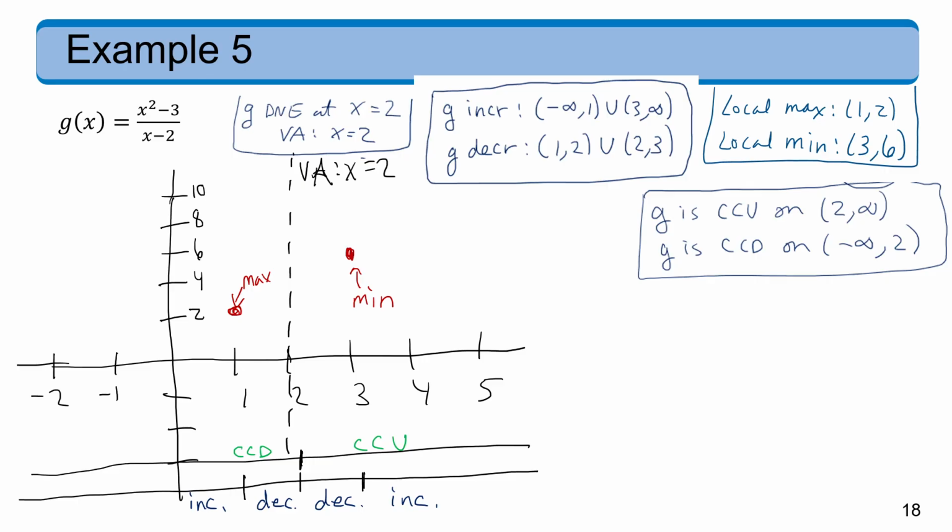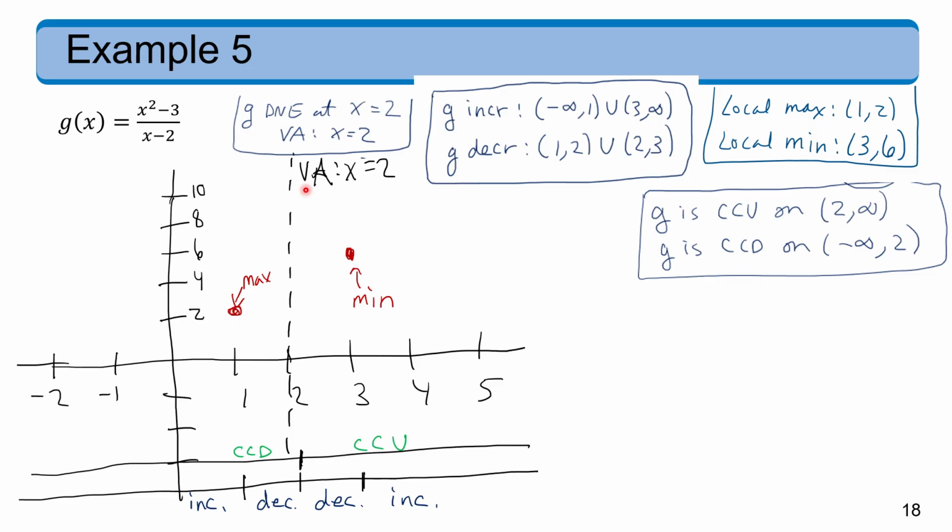Okay. Now let's start thinking about the shape of our curve. So as we come in from the left, it's increasing and concave down. And we want to hit this point as we come in from the left. When we hit that max, notice it switches to decreasing, but it stays concave down. So you can imagine like a mountain peak here would be concave down.